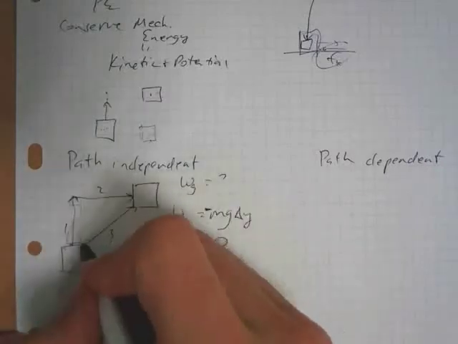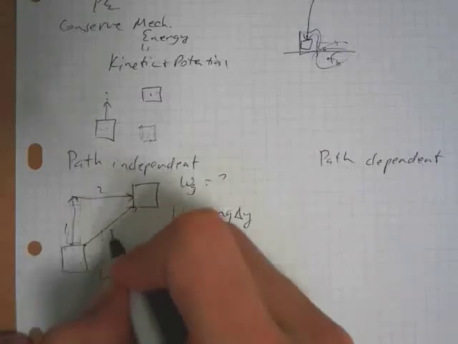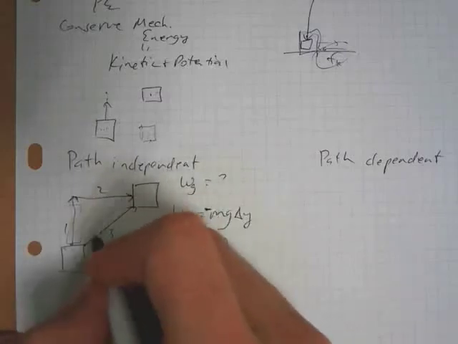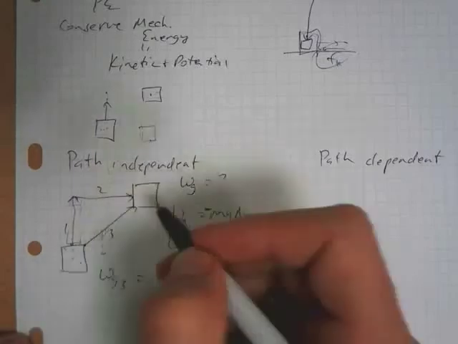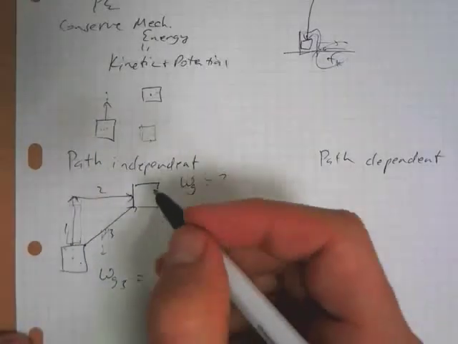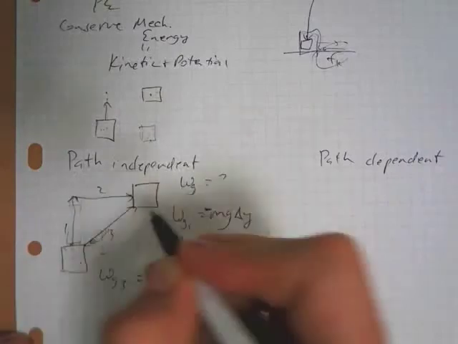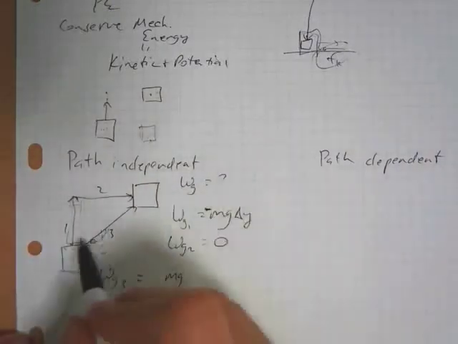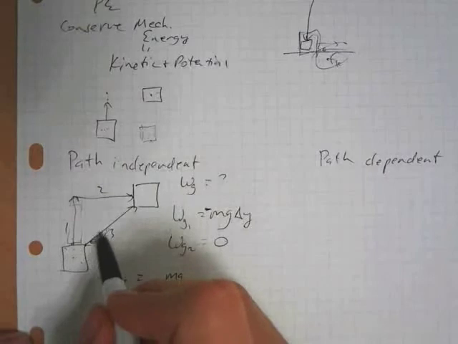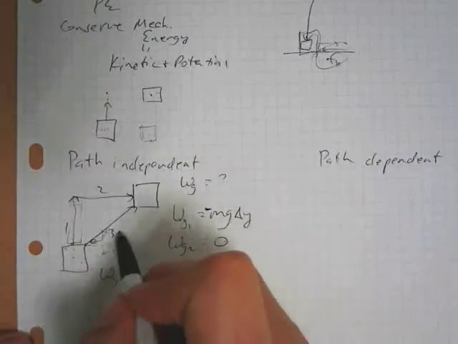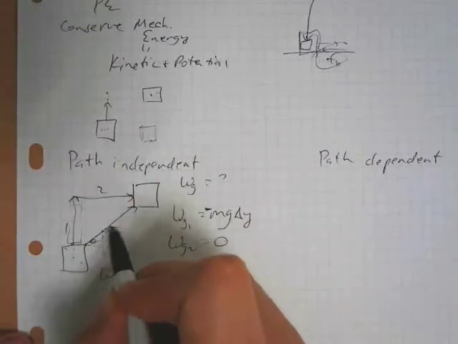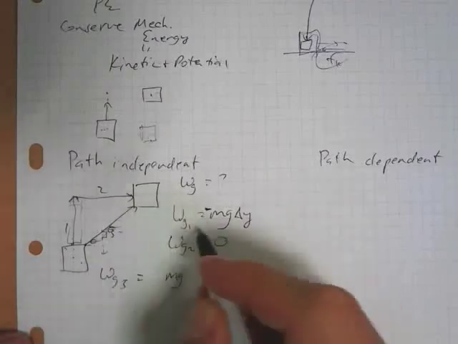Now our displacement is off at an angle while gravity is still straight down. Let's say this is at whatever angle theta, it doesn't matter. Then the angle between them is theta plus 90.